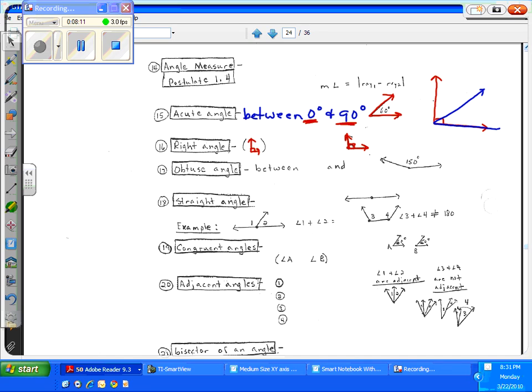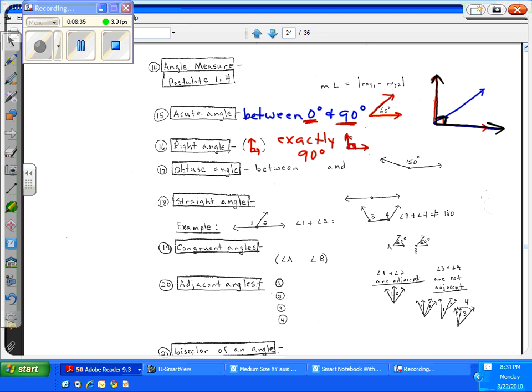The symbol for a right angle is a little box in the corner of the angle, as we've denoted over here also, and it is exactly 90 degrees.